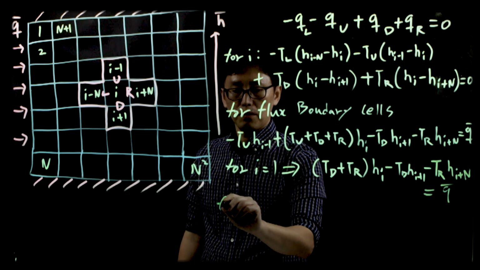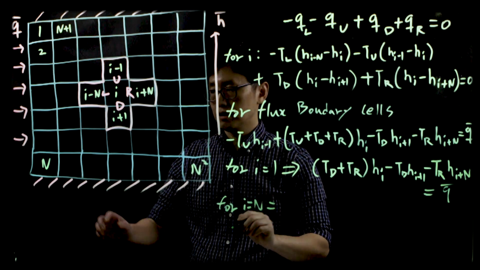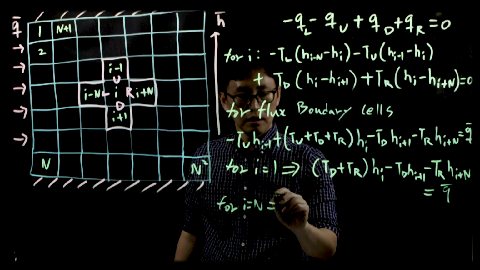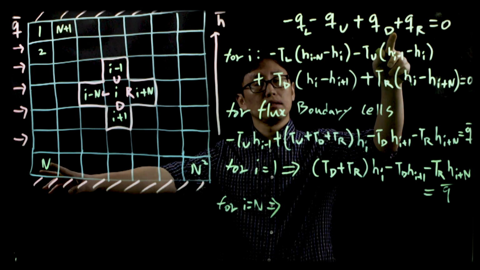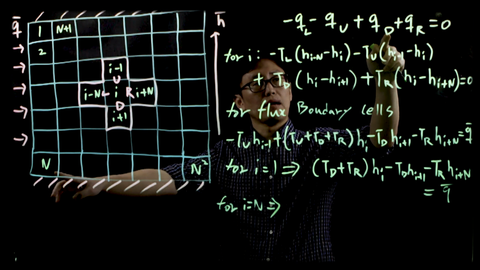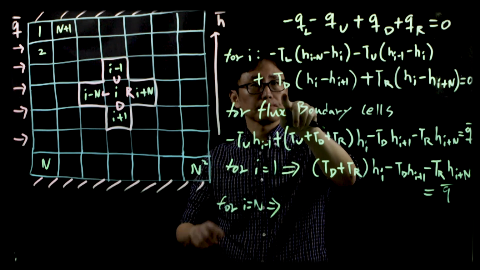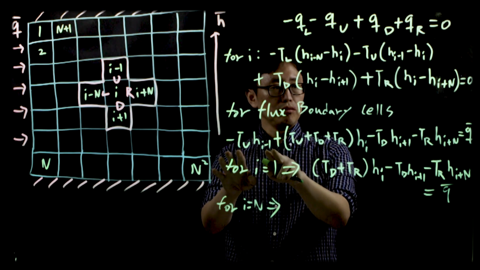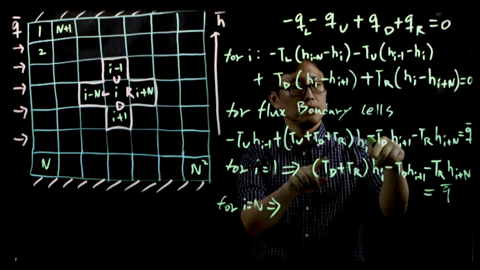And for cell i equals n, which is this cell, we will cancel the down boundary interface term, which corresponds to here. So we have this equation, but we need to cancel this one and this one.